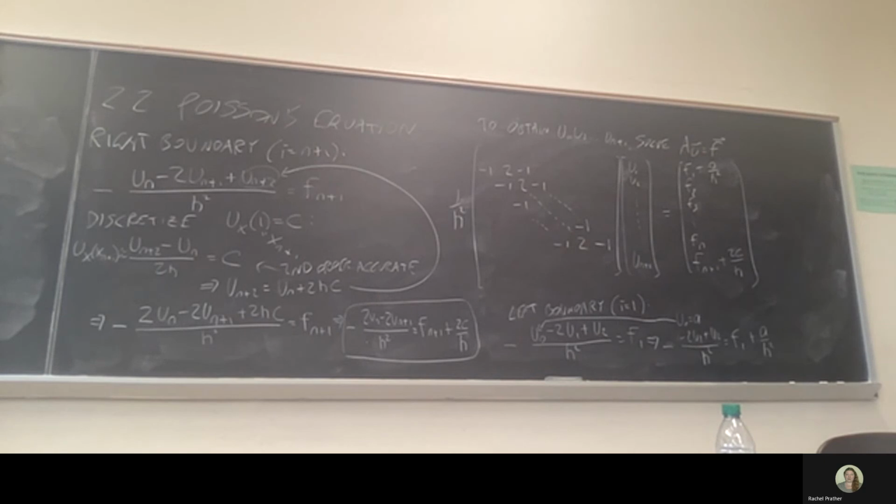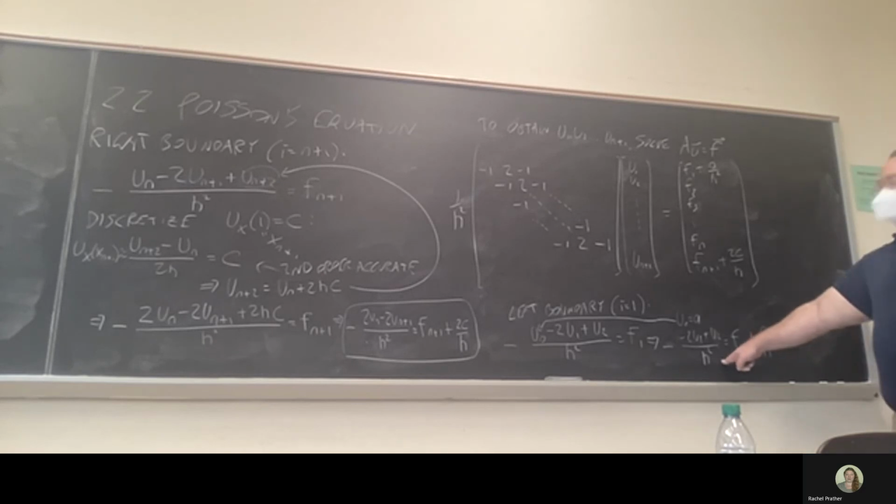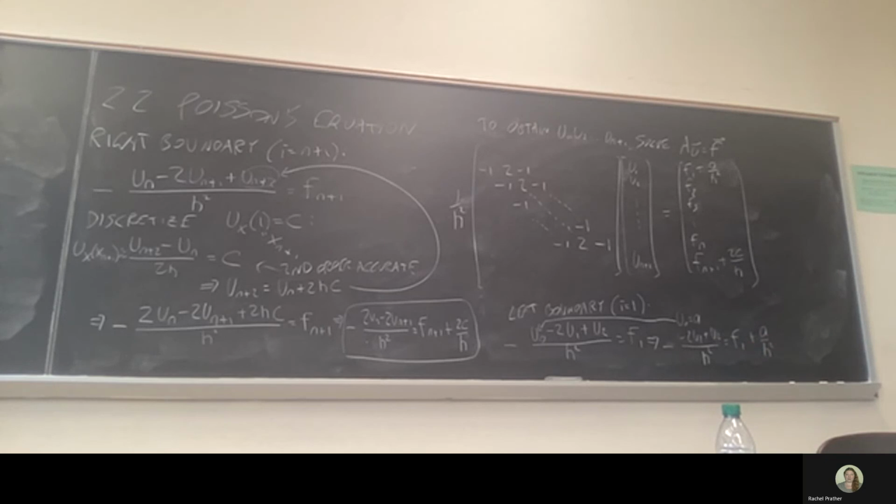So, who can tell me what should go in the first row of the matrix from this equation right here? Almost.